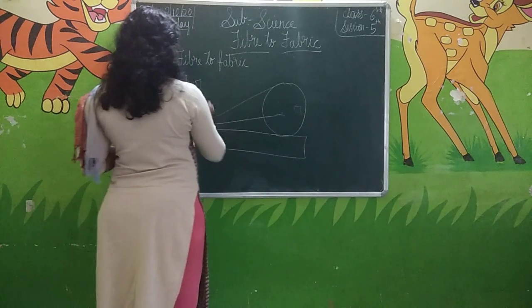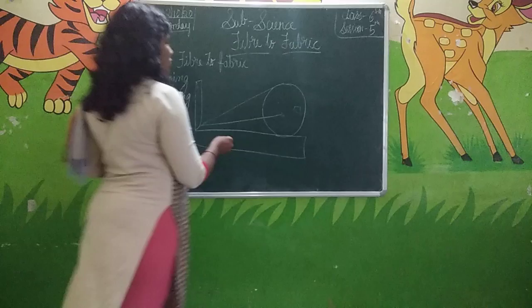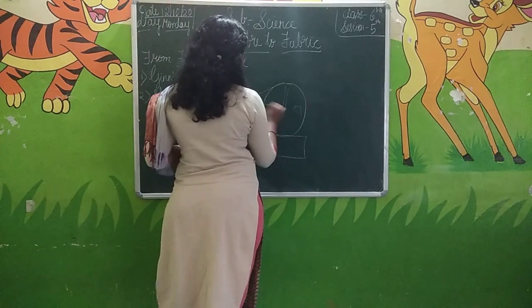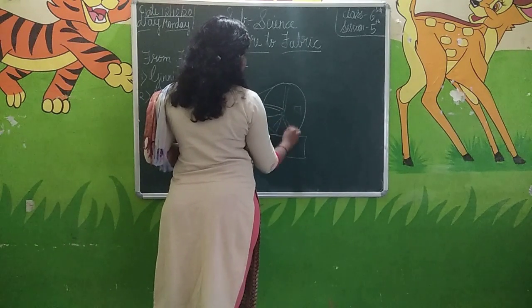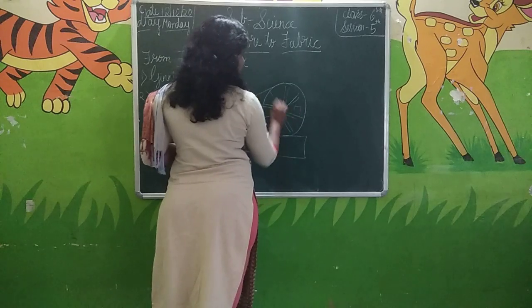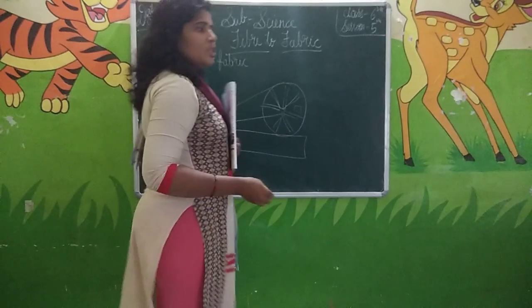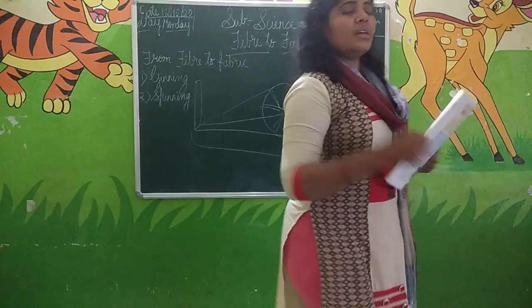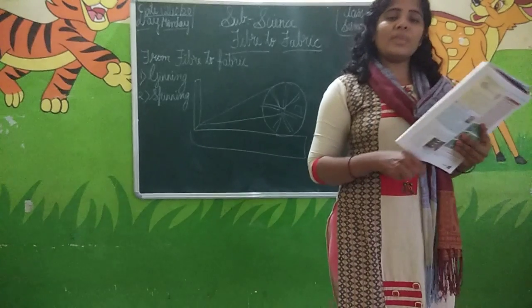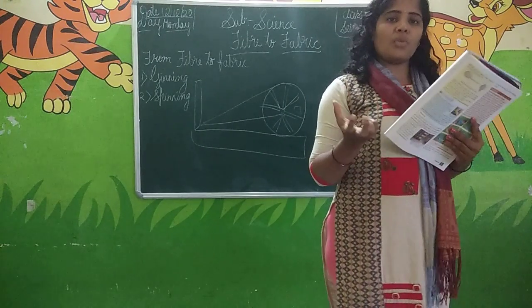This is the way they used to spin. You have seen this machine in many pictures, and also in the picture of Gandhiji. By using that they used to form thread from the fiber of cotton.